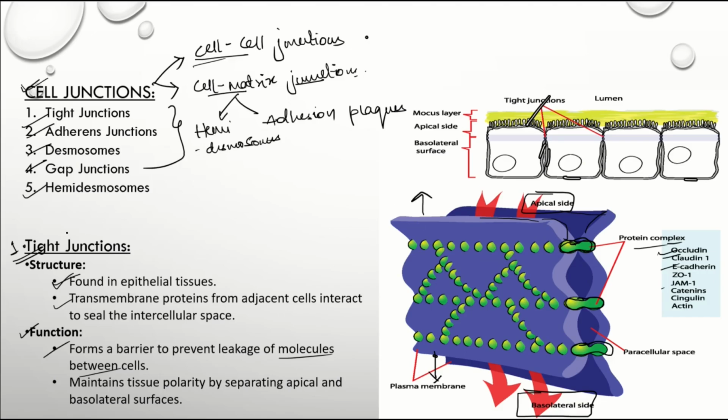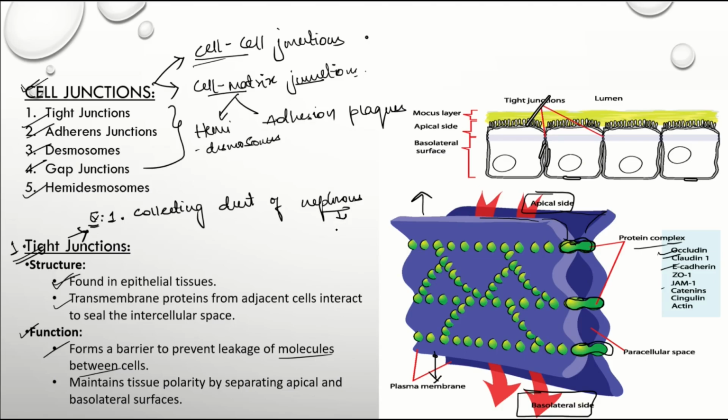Now what are some examples of tight junctions? This is the structure and function, but where can these tight junctions be seen? I will give you examples. The first example is that tight junctions are present in the collecting duct of nephrons. What are nephrons?